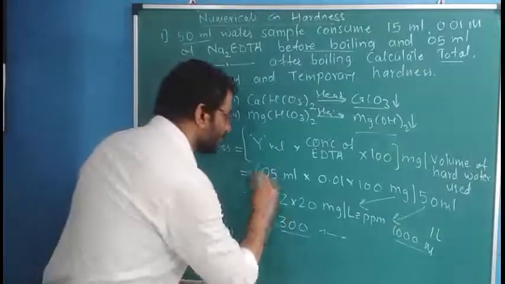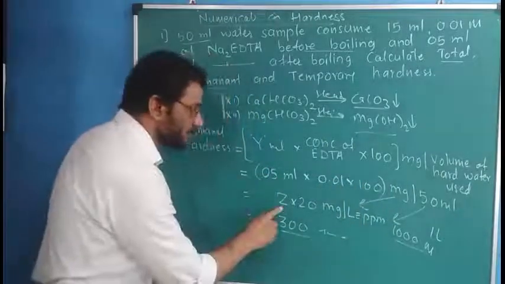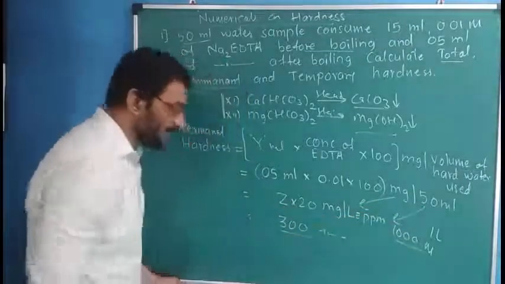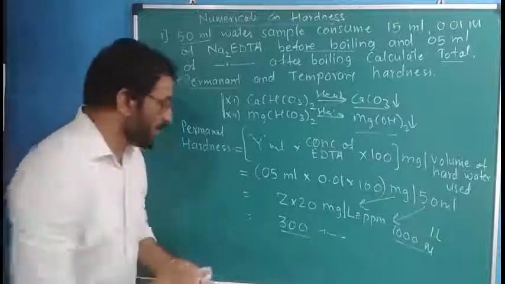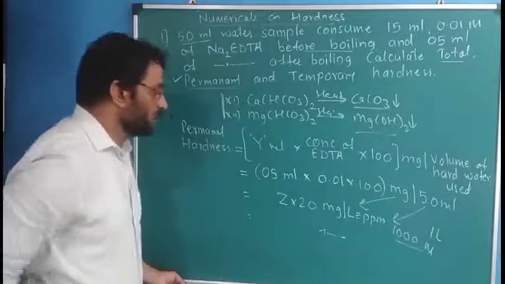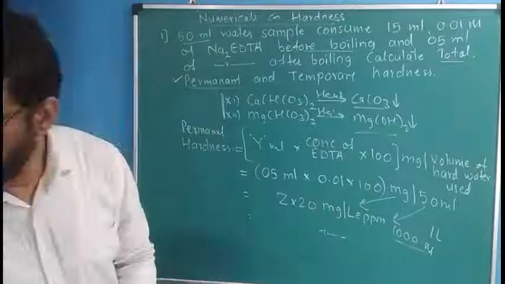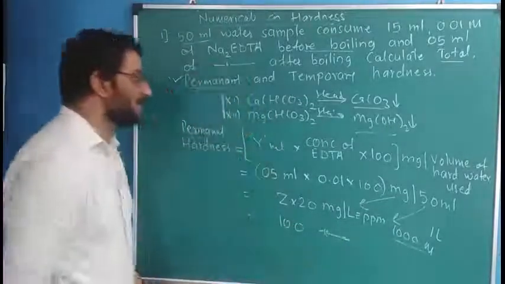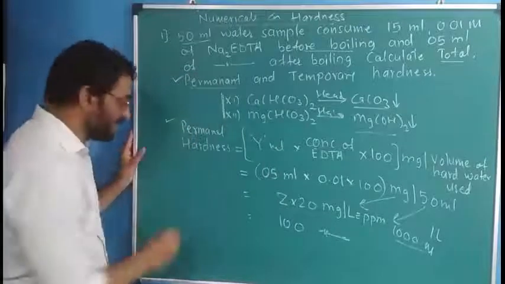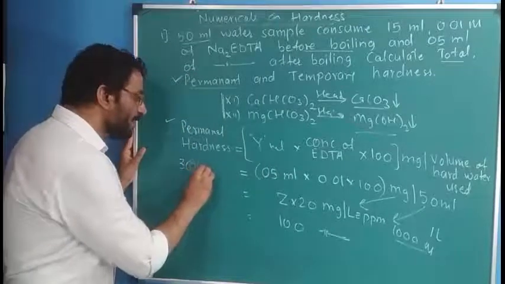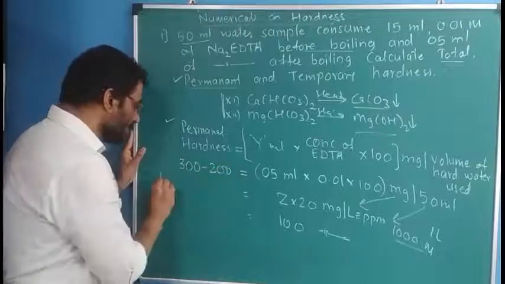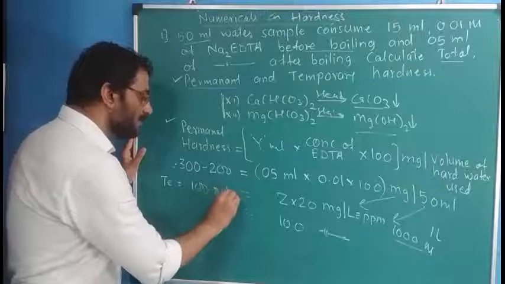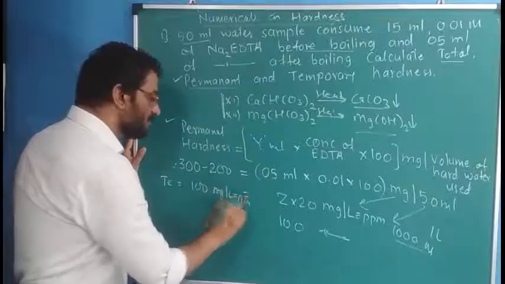Suppose this answer is Z. Then Z into 20 converts 50 ml to liter, that is milligrams per liter. The answer will come 100 ppm, 100 milligrams per liter. That is permanent hardness. Total is 300, permanent is 100, so temporary will be 200 milligrams per liter or parts per million.